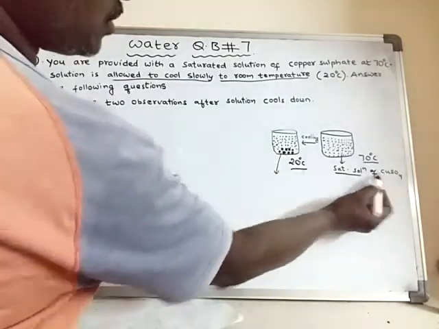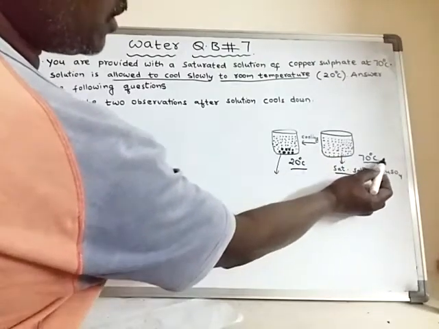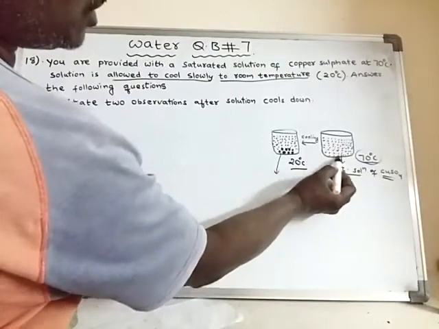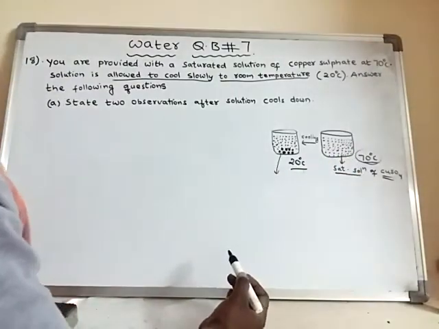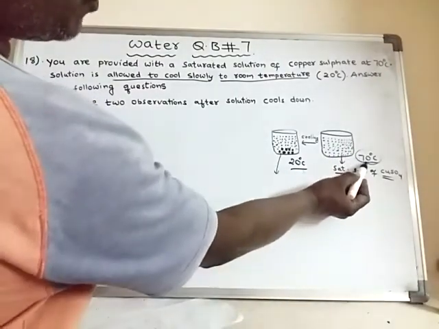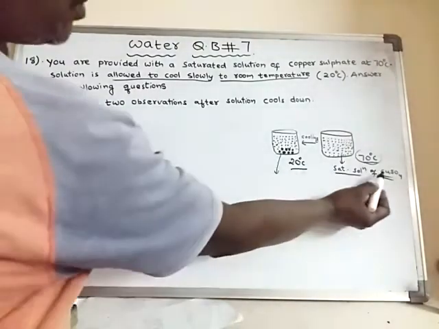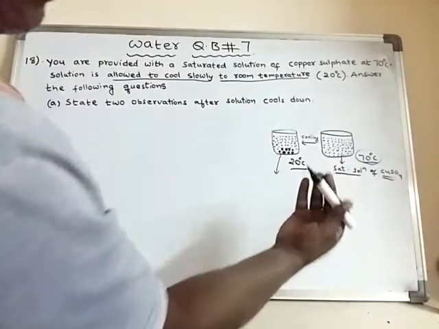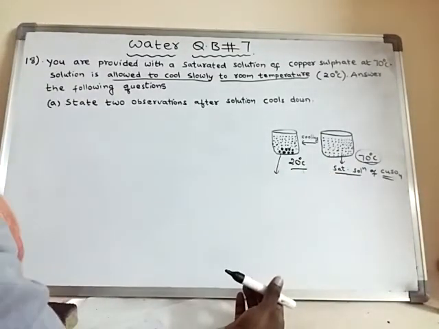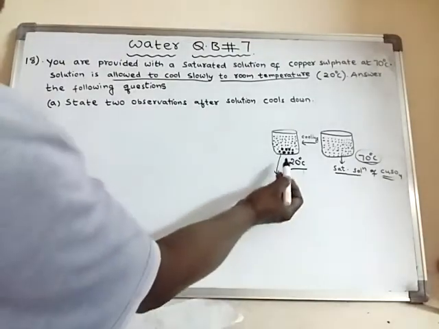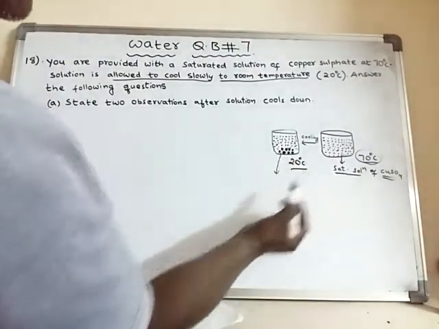At 70 degrees centigrade, the entire copper sulfate is dissolved in the solution. But when the solution is cooled from 70 degrees centigrade to 20 degrees centigrade, what happens? Some amount of copper sulfate will precipitate out. Some amount of copper sulfate will crystallize out, that means we will get crystals of copper sulfate.